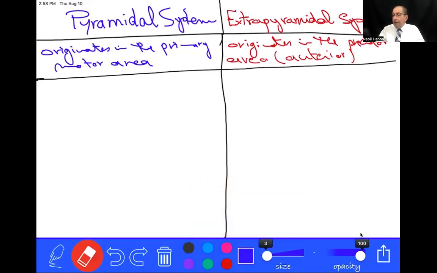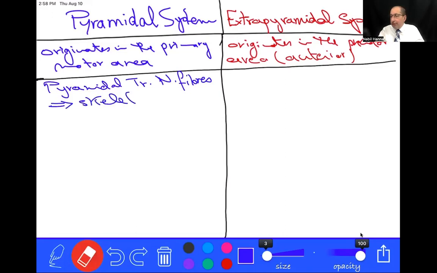We call them the pyramidal tract. So the pyramidal tracts, they include the nerve fibers, and they go all the way to the skeletal muscles. What are the skeletal muscles?